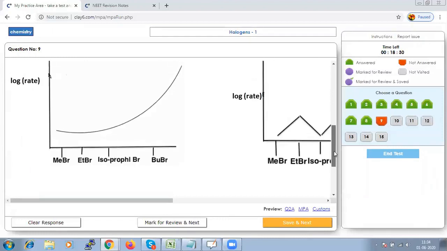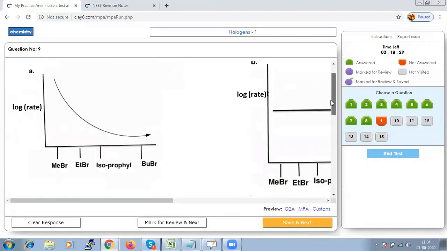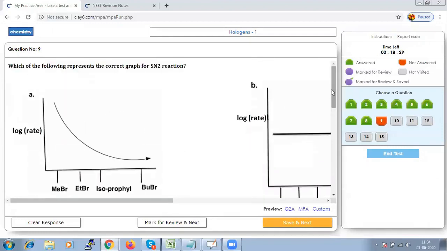This is just about the order of log rate. It is a known fact; which of the following represents the correct graph? When we are talking about the correct graph of the log rate, we have to remember that the rate of the SN2 reaction is inversely proportional to steric crowding near the reaction center, that is, proportional to 1 by steric crowding.